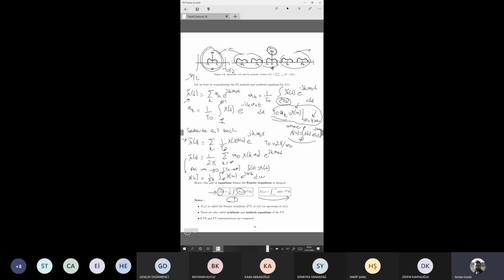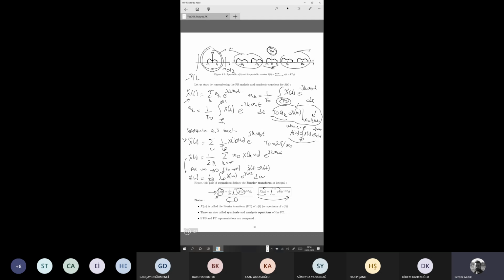Once you have x of t, you can find X of omega using the Fourier transform. So X of omega, the Fourier transform, is equal to the integral from minus infinity to plus infinity of x of t e to the power minus j omega t dt. Once you have X of omega, you can find x of t by using the inverse transform.